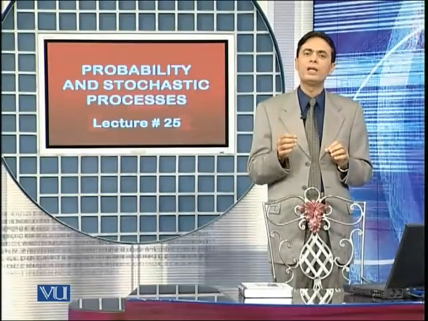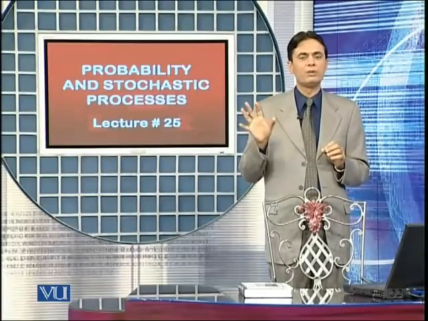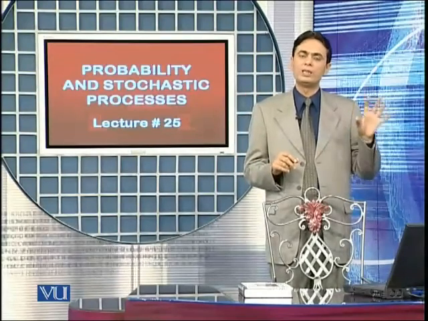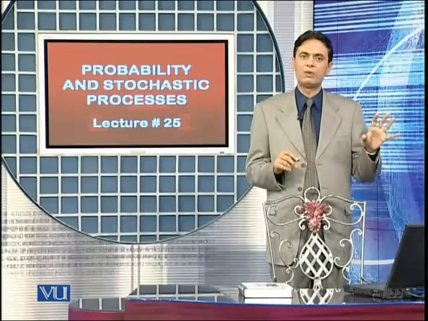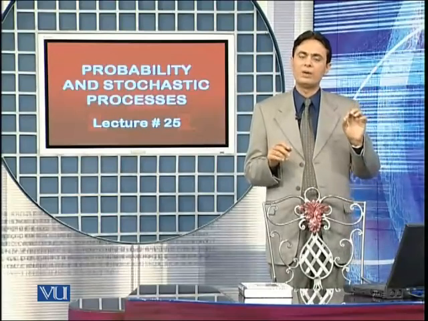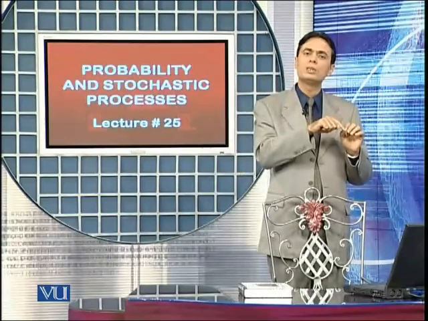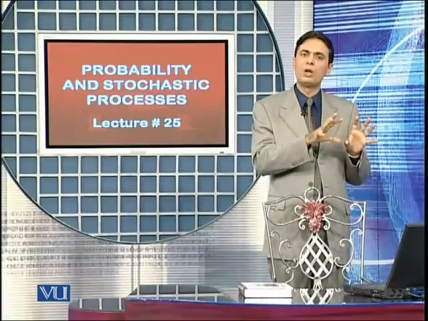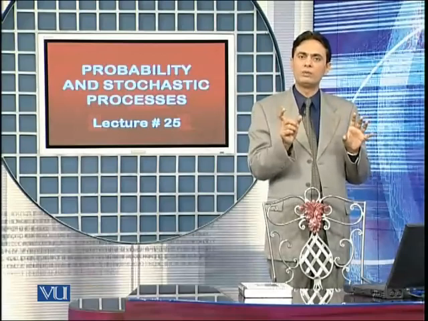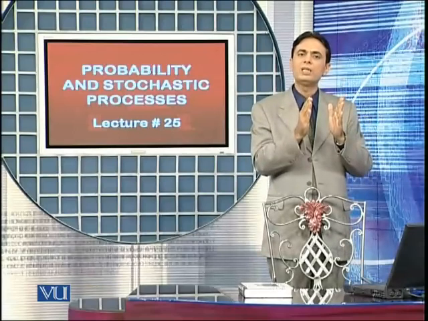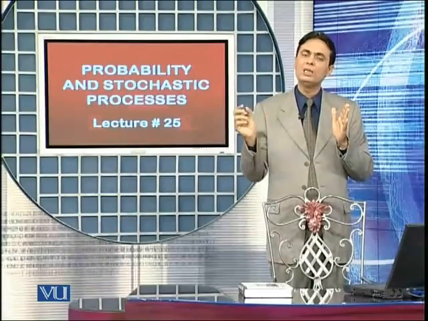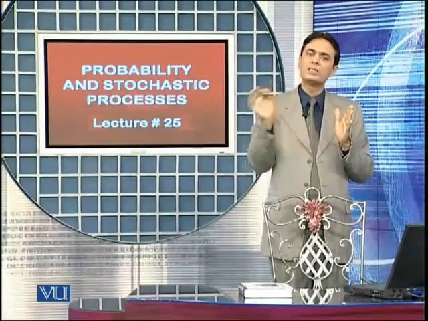If you want to find the joint PDF of u and v, all you have to do is find the joint PDF of x and y, and instead of x and y, put the reverse mapped expressions which solve x and y in terms of u and v, and multiply it with the magnitude of the Jacobian of the transformation involving phi and psi.